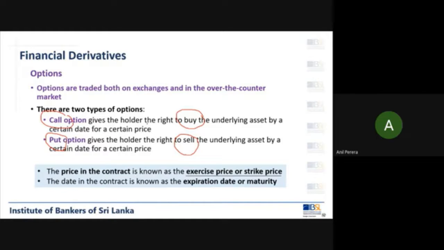You can only do some forecast predictions, and by considering those predictions and forecasts, you enter into this transaction. You can go wrong, but still you are trying to minimize any loss due to this future transaction by entering into these contracts.